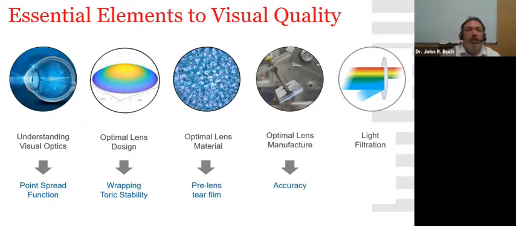And when I talk about optimal lens manufacture, some really interesting data has come out on this. I'm going to talk to that in terms of accuracy: what we design and what is actually made, how accurate is that? How well does that transfer over, and how does that impact our visual quality? Then finally, I'll talk about light filtration and certainly a lot of its perceptual advantages.